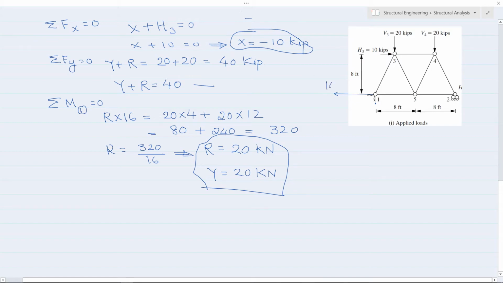This equals 10 kip. We need not write negative because the arrow already indicates the negative direction.